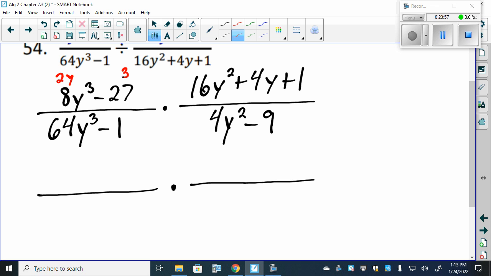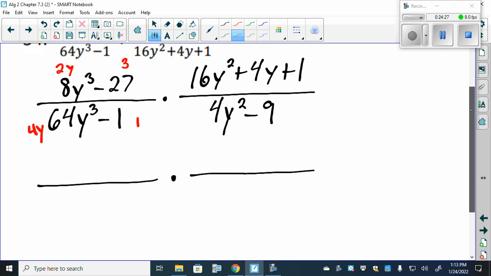So that would be the difference of perfect cubes. 64y cubed, if we took the cubed root of it, would be 4y. And you all know what the cubed root of 1 is? 1. Luckily, 1 is the nice one to take any root of, because it doesn't matter what root it is, it'll always be 1. So the millionth root of 1 is still 1. So the denominator is also a difference of perfect cubes.